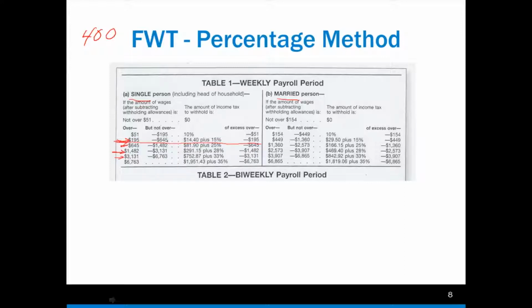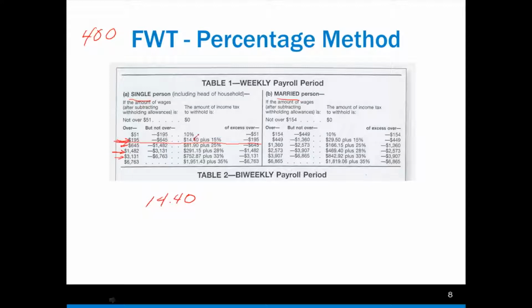So how do we calculate it? It says you would withhold 14.40 plus 15% of the excess over 195. The amount of tax, it says, is 14.40.